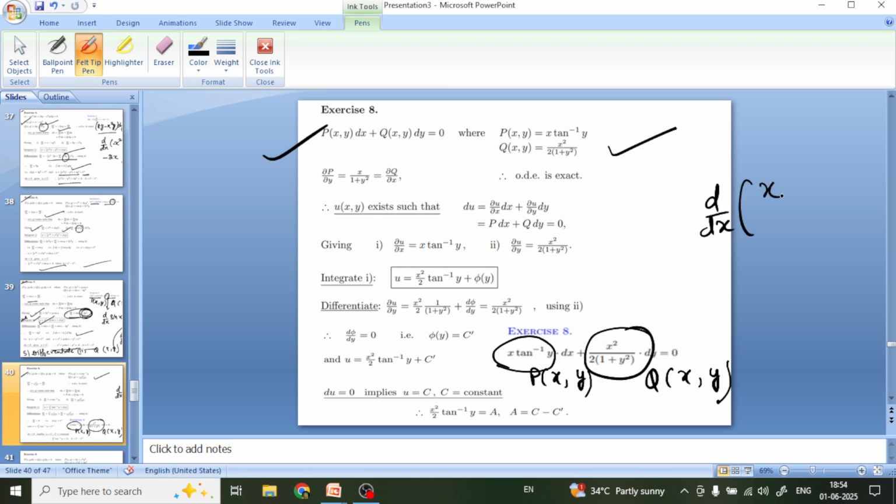Differentiation of x square over 2 times 1 plus y square, and 1 by 2 will be taken outside.